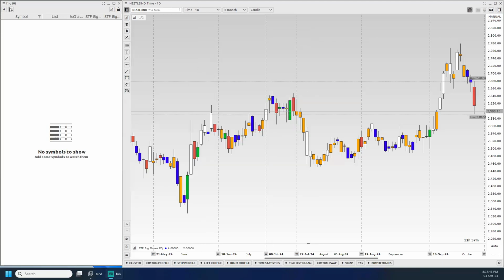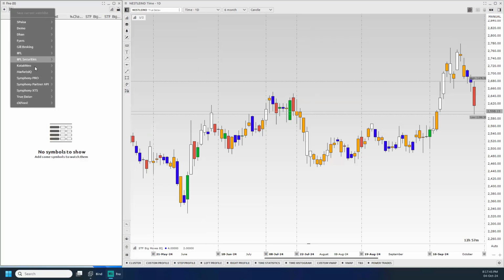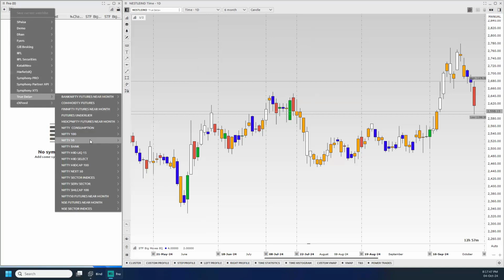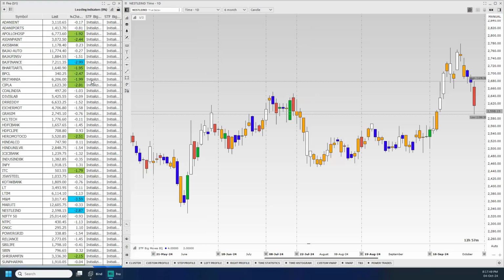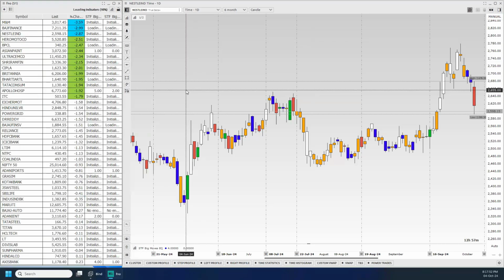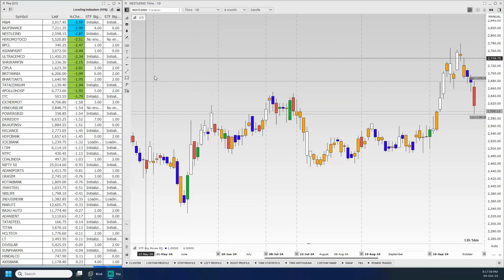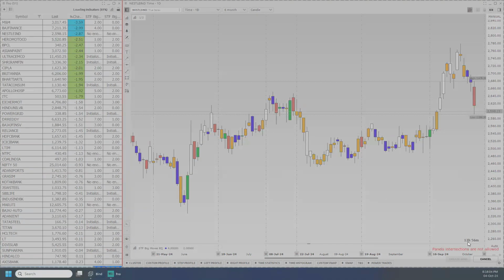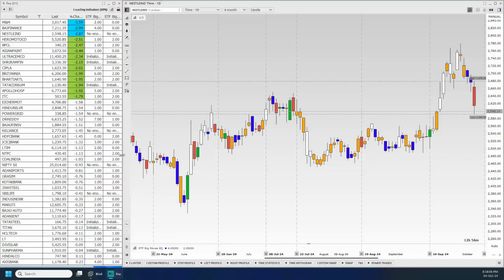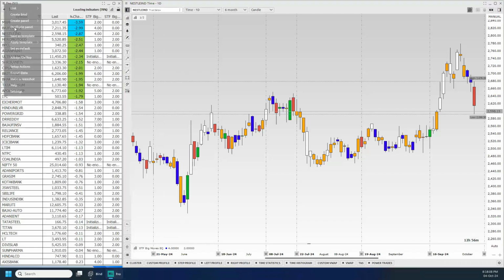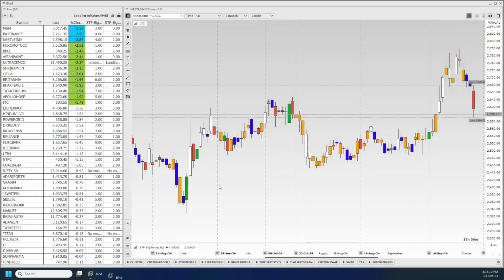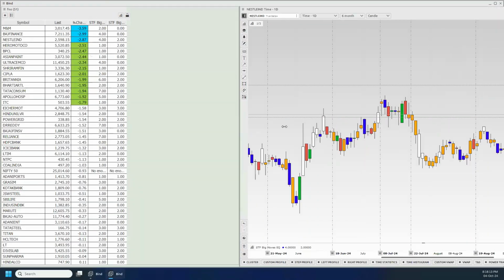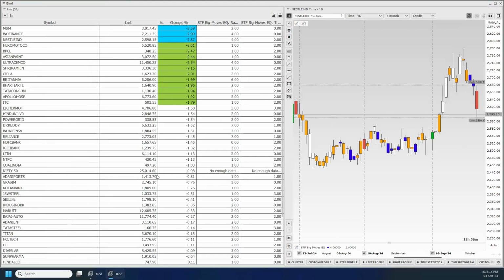Once I change the time frame, I will go here, because this is an equity indicator. I'll go to my TrueData and add to watchlist. The top 50 stocks of Nifty, the Nifty 50 stocks, will come over there with the values. Let me expand this a little.